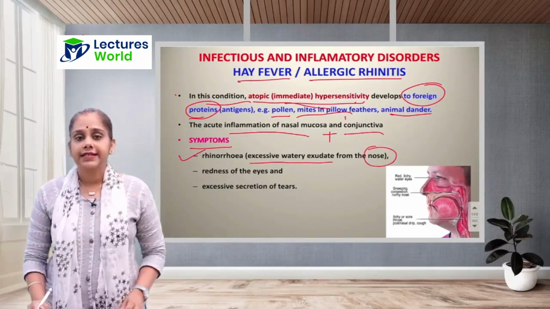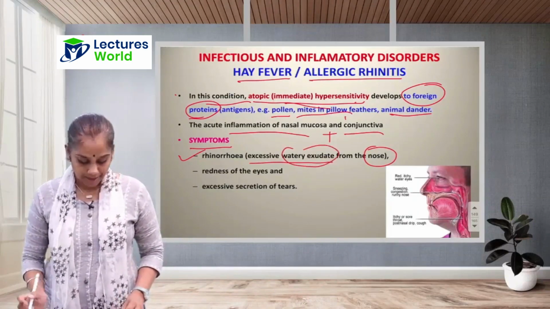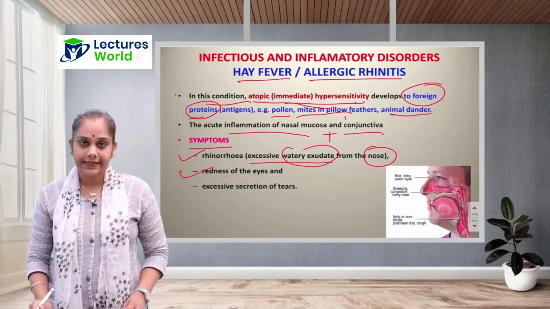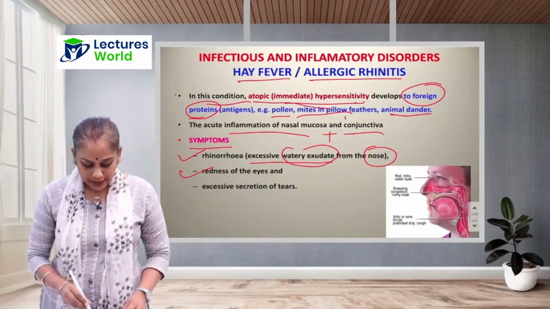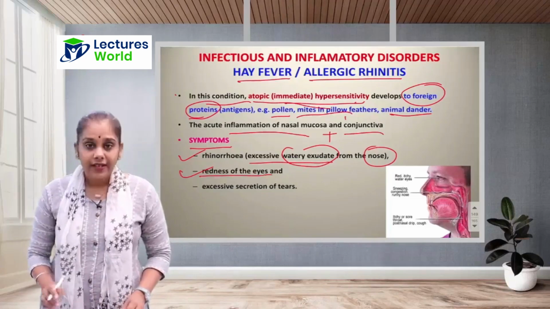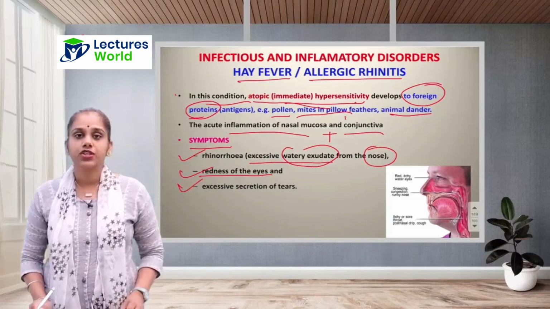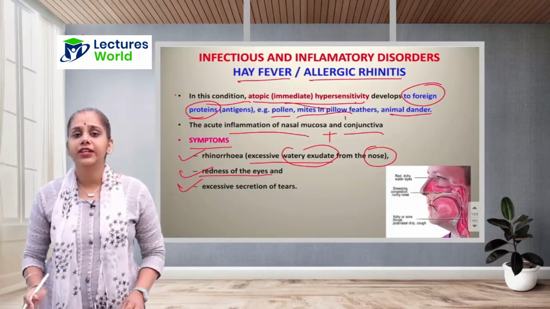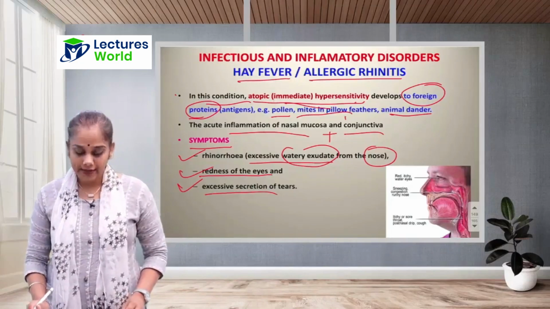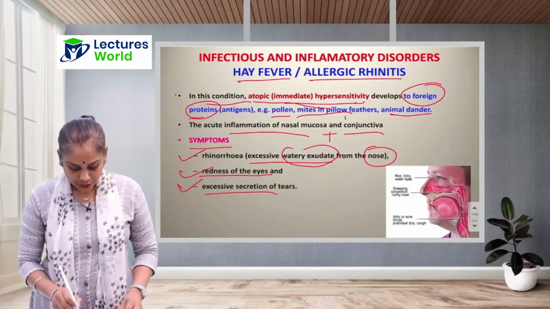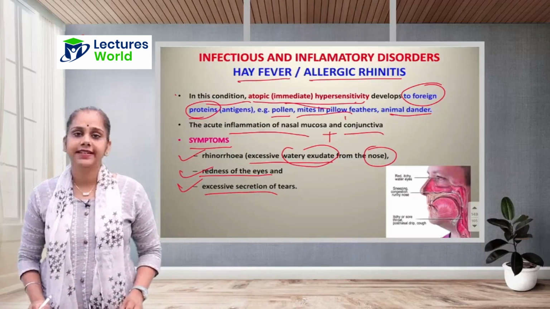Then redness of the eyes, because the infection spreads into the conjunctiva. So redness of the eye and excessive secretion of tears, or watery exudate, because of the infection in the eye. So these are the features of hay fever, or allergic rhinitis.